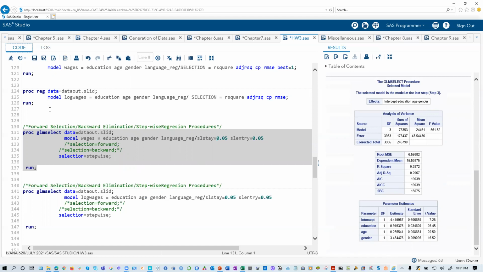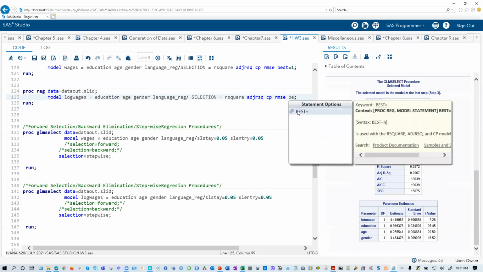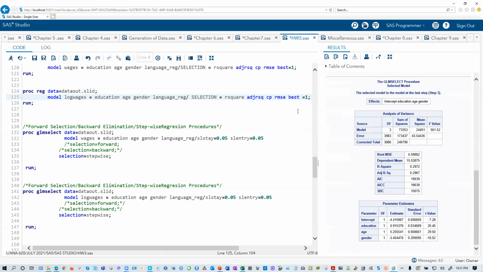And then we're going to do this for the log one too. If you want, you can do the same thing for the log one, and you can talk about the best equals one.